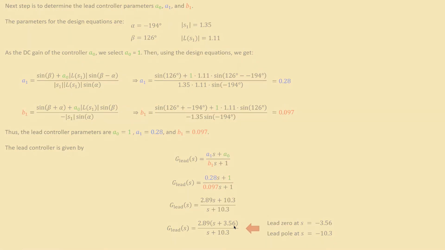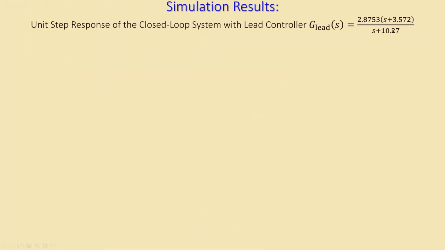Now if I go back to the expression, this is 10.27, it was 10.3 in my case, so it is a little bit closer, but that error is due to my rounding error. So this is more exact, and this is 2.88 approximately. I had 2.89. You won't see much difference in the performance.